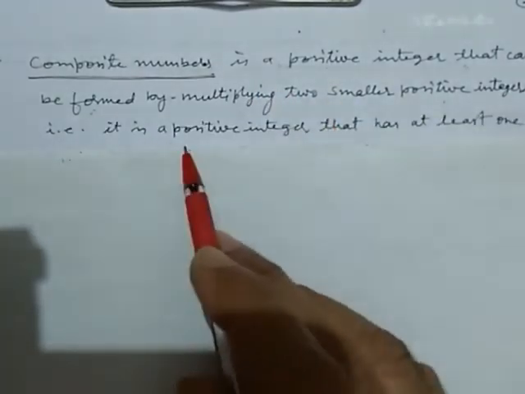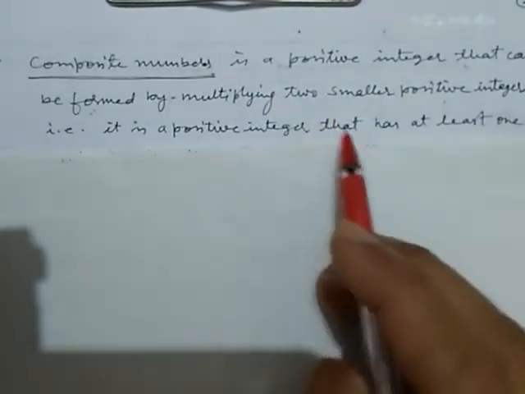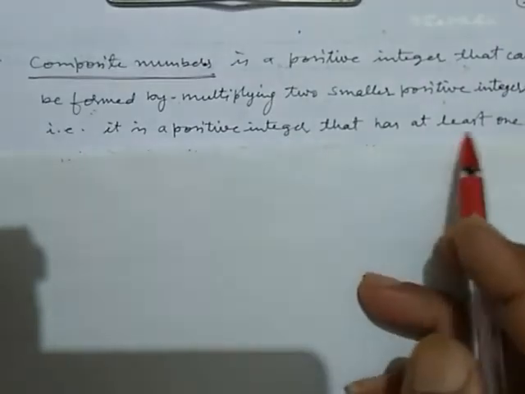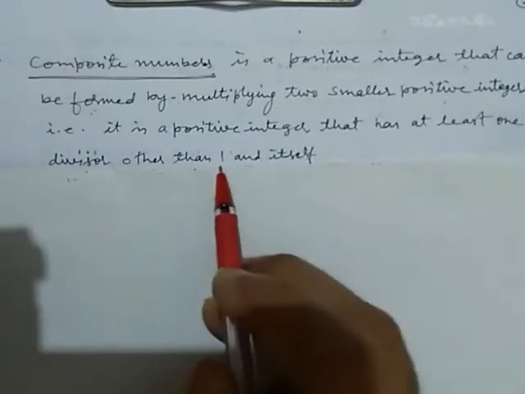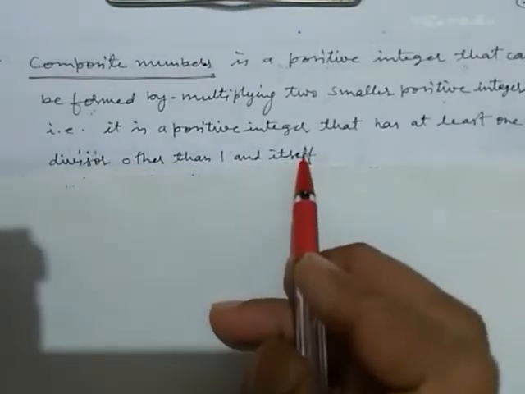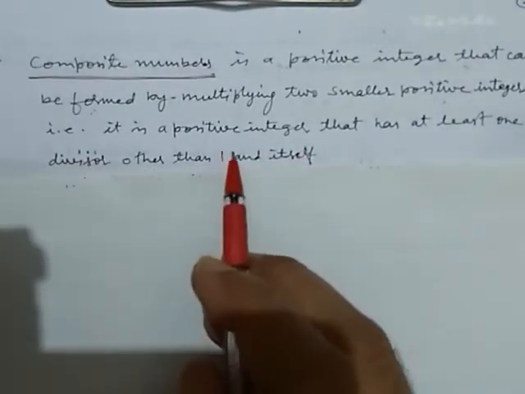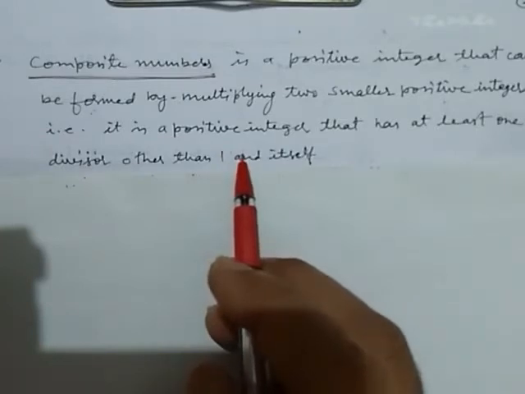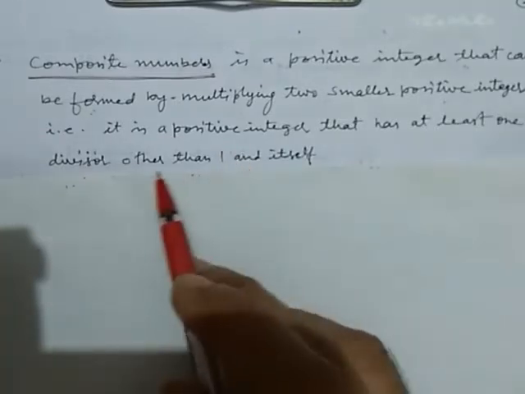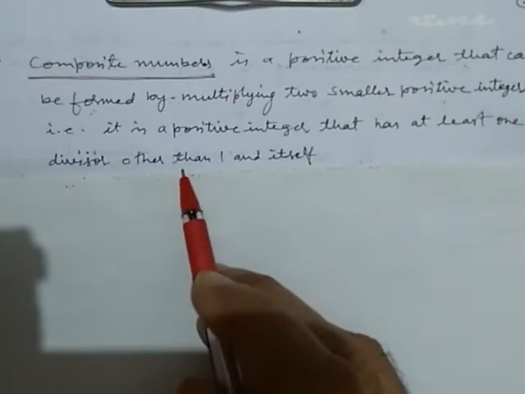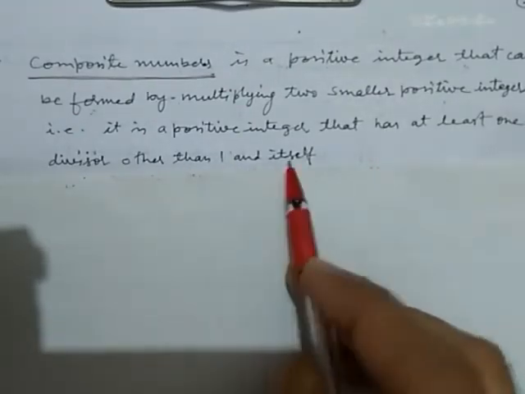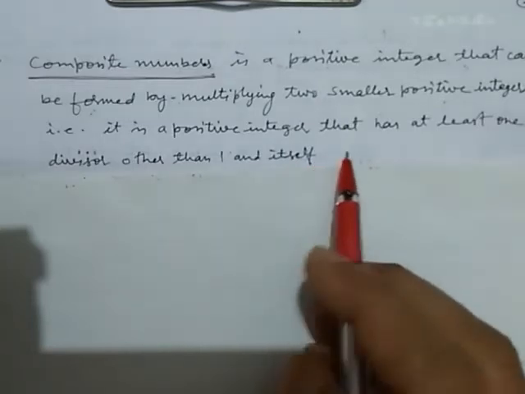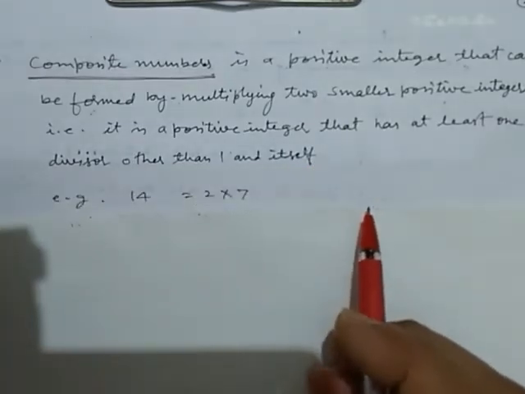That is, it is a positive integer that has at least one divisor other than 1 and itself. As in a prime number there are only itself and 1, two divisors, but here there is at least one divisor other than 1 and itself. Those are called composite numbers.